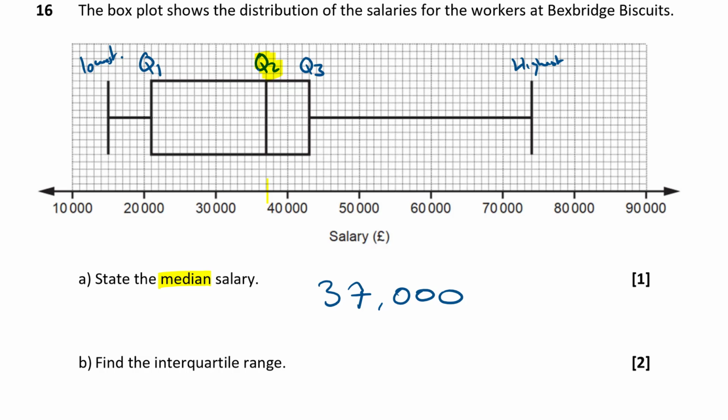Interquartile range is Q3, the upper quartile, minus Q1, the lower quartile. I already pointed those out. So Q3 is this one up here, and Q1 is this one down here, isn't it? So Q3 on our scale, that's 43,000.